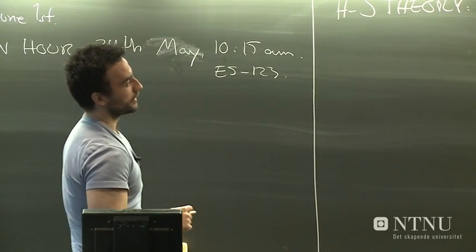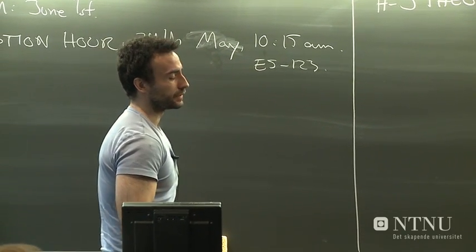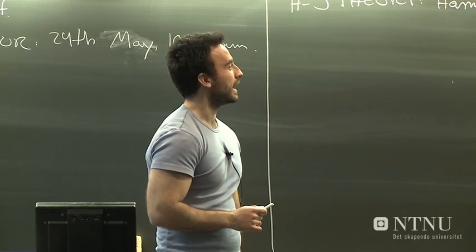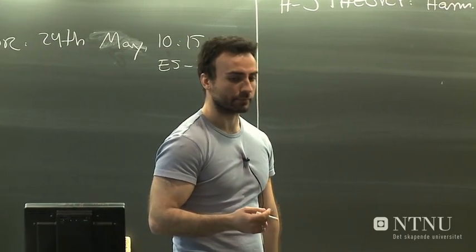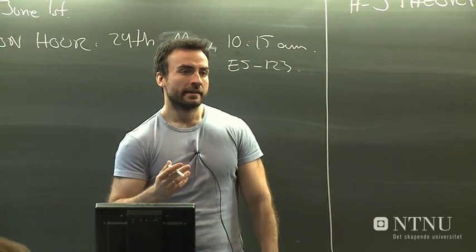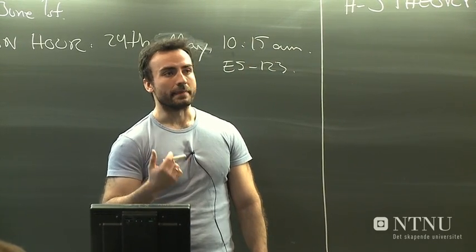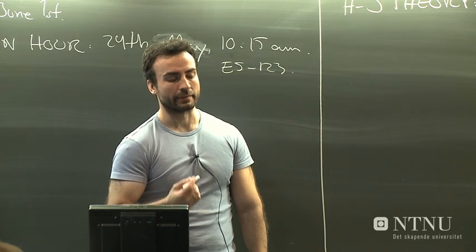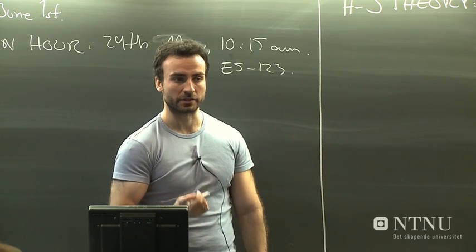Okay, Hamilton-Jacobi theory applied to the harmonic oscillator. And just to recap the virtue of the Hamilton-Jacobi theory, its main strength, I would say, is its capability to treat time-dependent Hamiltonians.